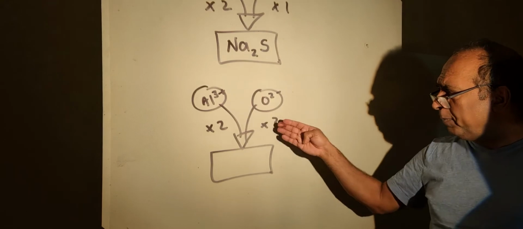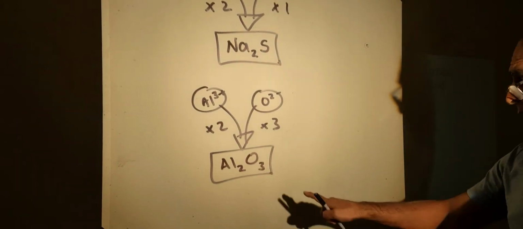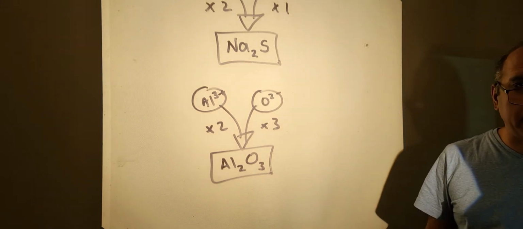The 6 positive would balance the 6 negatives. How do we write it down? Al2O3. That's the formula of aluminium oxide.